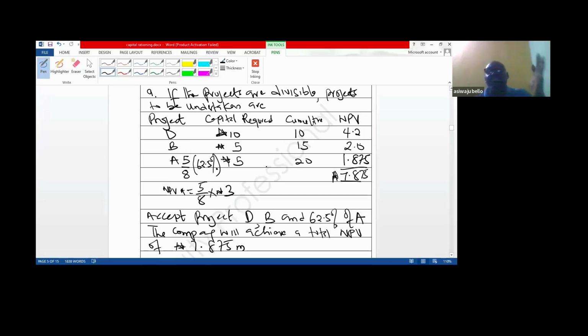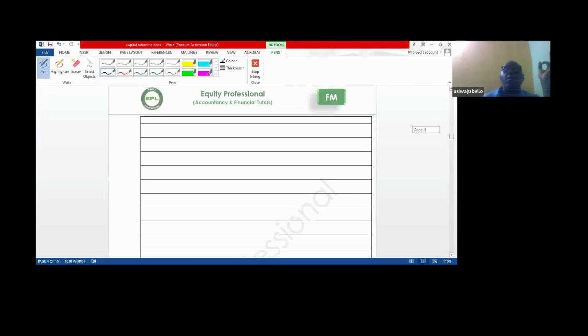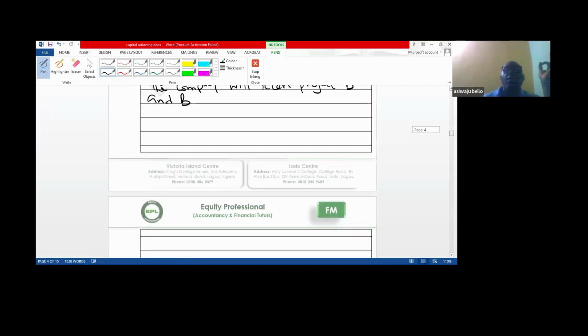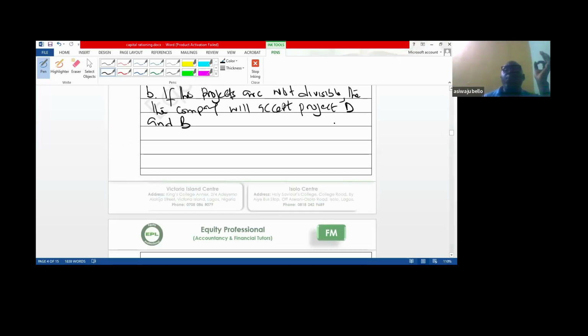Examiner said the project is not divisible. You cannot accept fraction. That means we accept projects D and B, full stop.